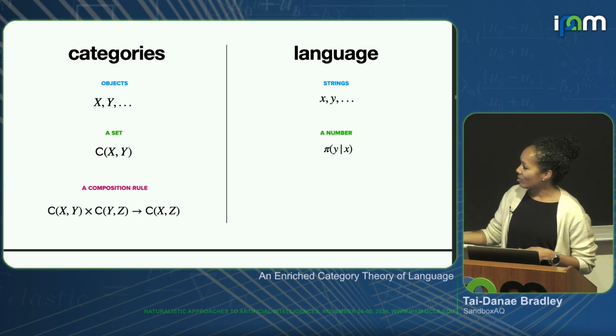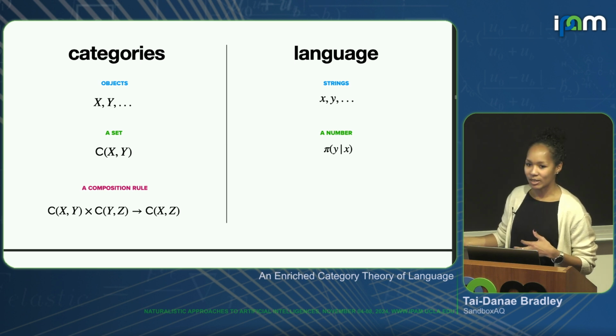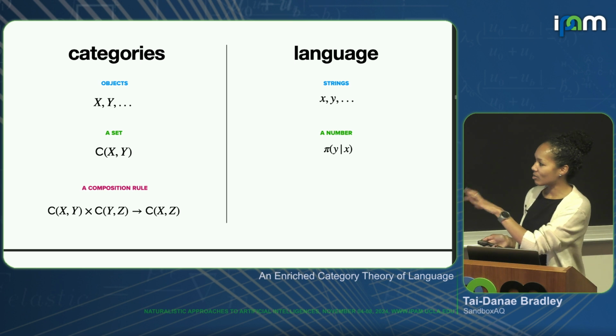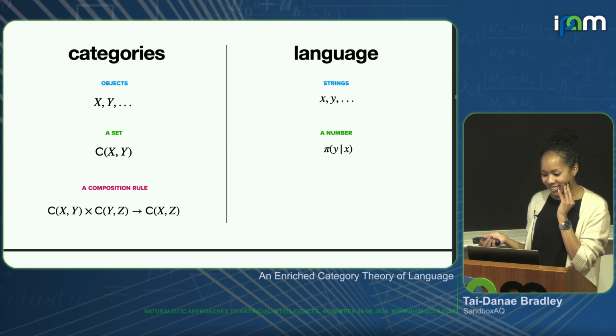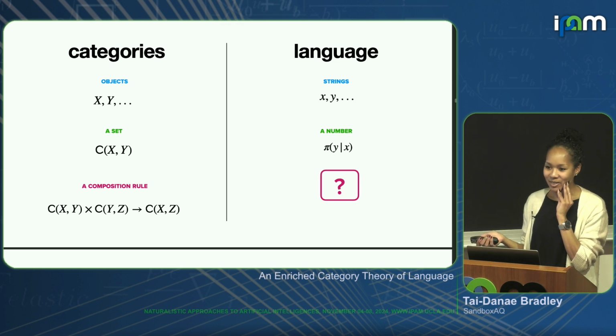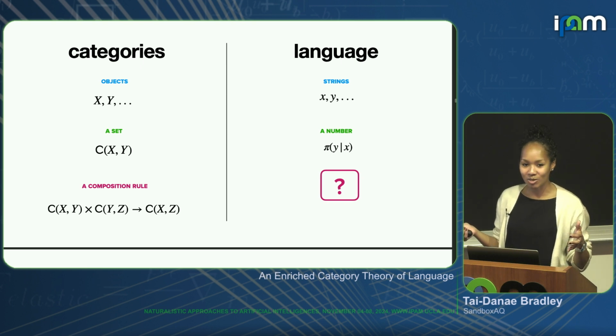If I have a way to go from x to y and a way to go from y to z, then I can sort of combine those to get a morphism from x to z. I'm just rewriting the composition rule in this nice way. So the question is, does language have something comparable to that? Because if so, that's very nice, that we can think of language through this perspective.